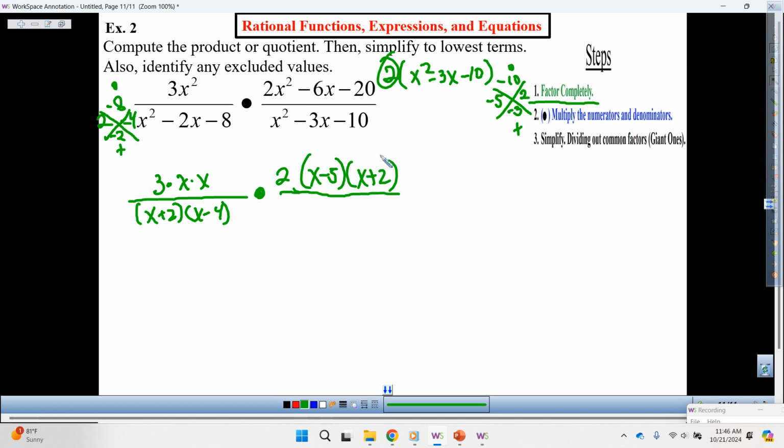All right, and the denominator, Geo, what are the factors of x squared minus 3x minus 10? Oh, Mario? All right, Mario. Very good.